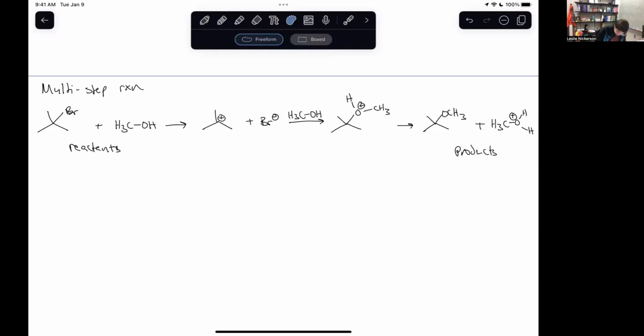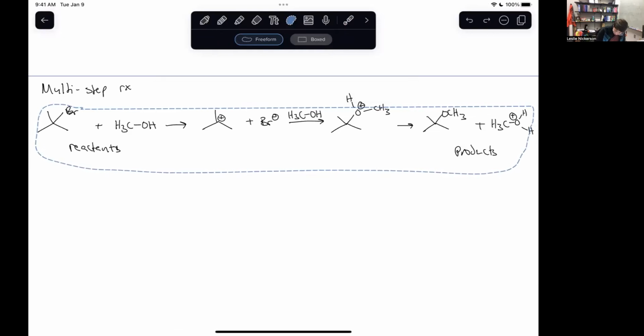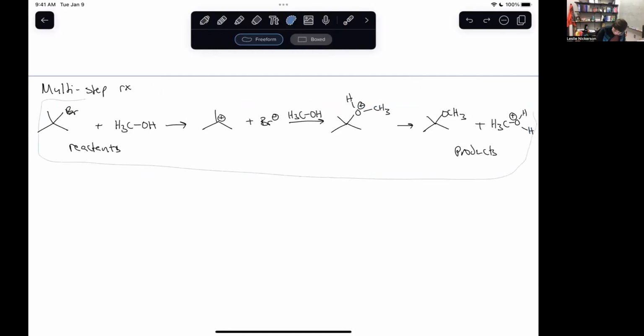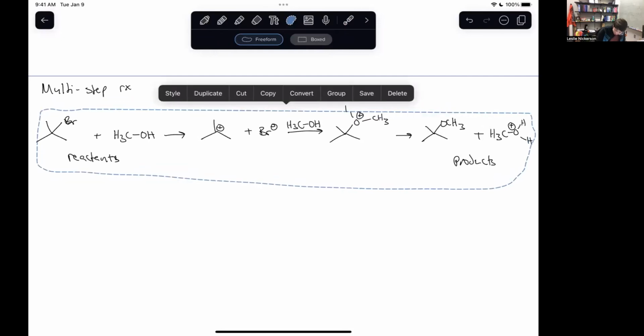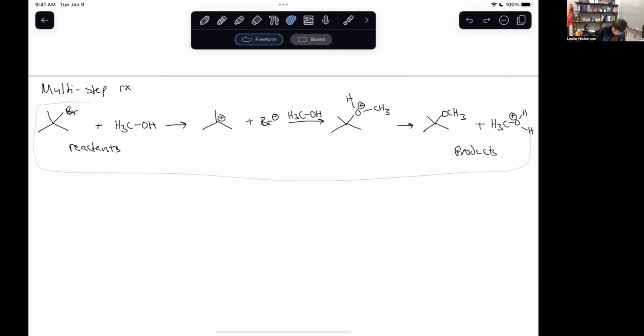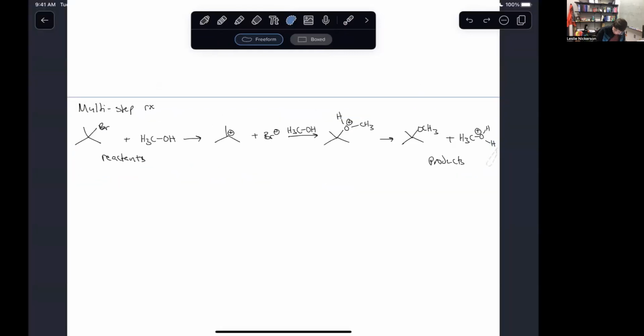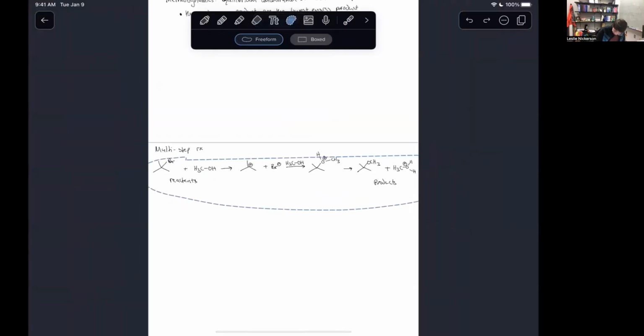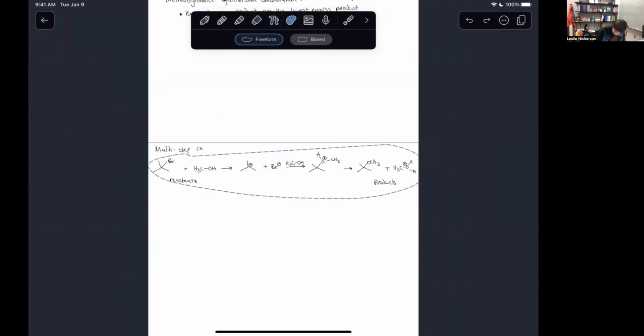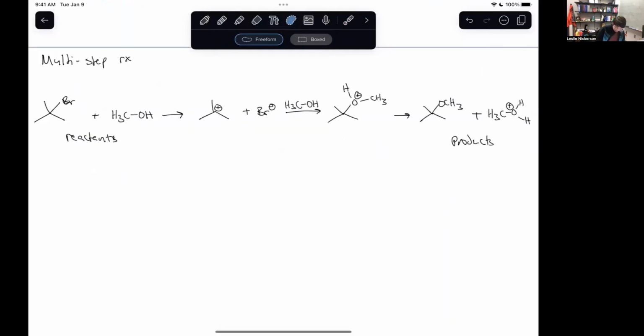The first thing I want to do is go through here and add in our arrows so that we understand mechanistically what's happening. Looking at our reactants and then the next set, we are forming a Br minus and a carbocation.